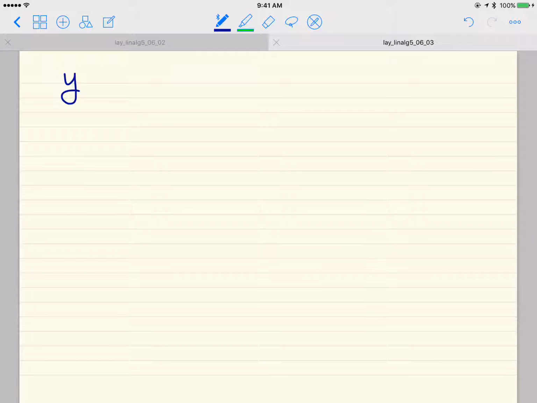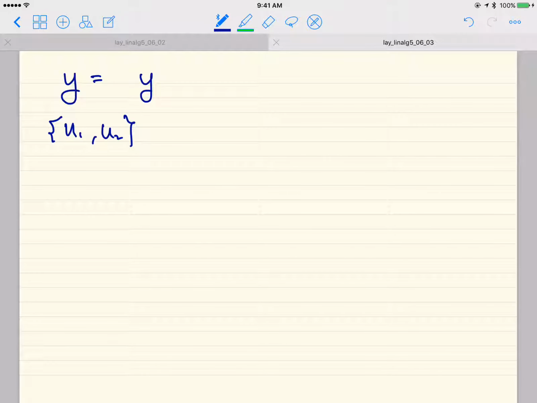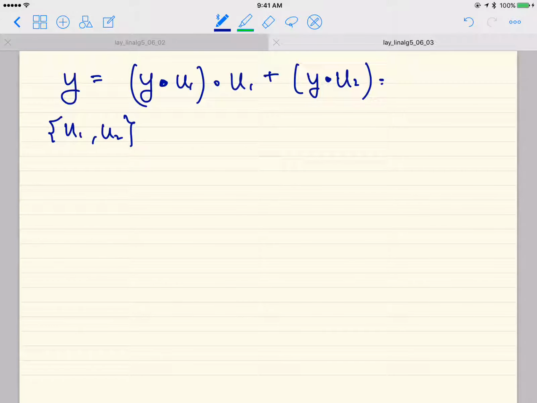And now let's consider the basis vectors u1 and u2, two bases that are both also normal vectors. In this case, y becomes y inner product with u1 times the direction part, plus y inner product with u2 times the direction part.